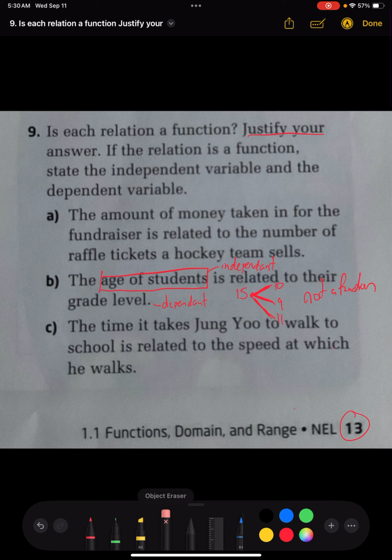Okay, next we're looking at part C, the time it takes Jung Yu to walk to school. Time is related to the speed.